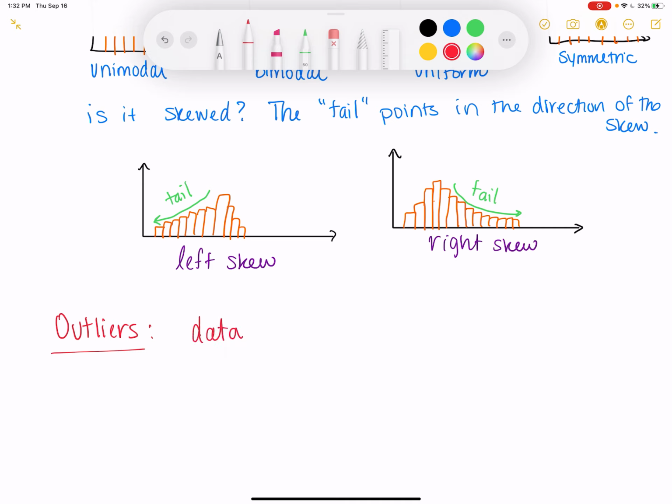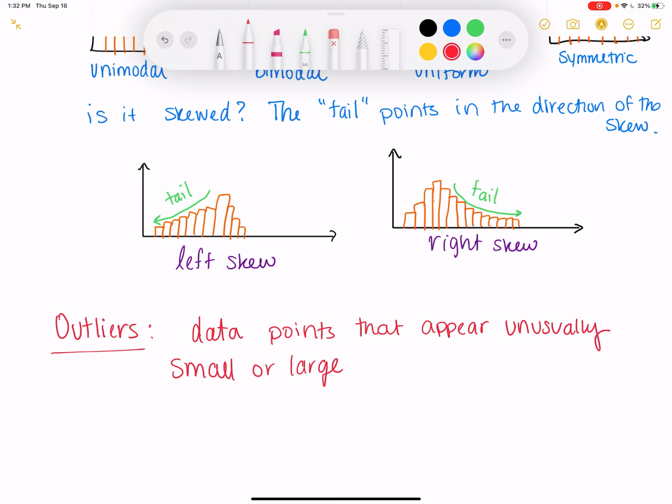All right, outliers: data points that appear unusually small or large compared to the rest of the distribution.